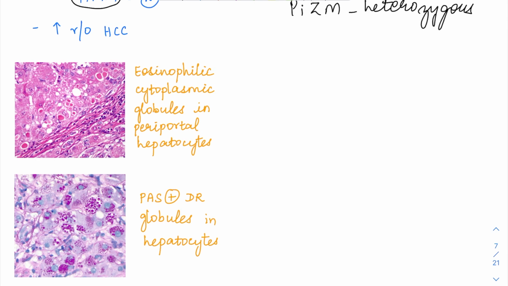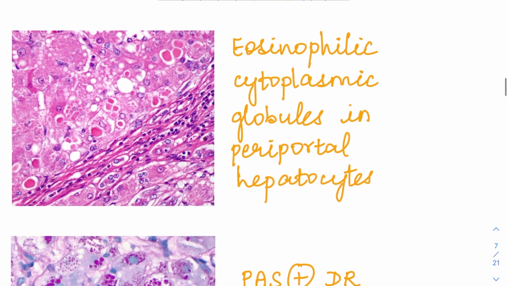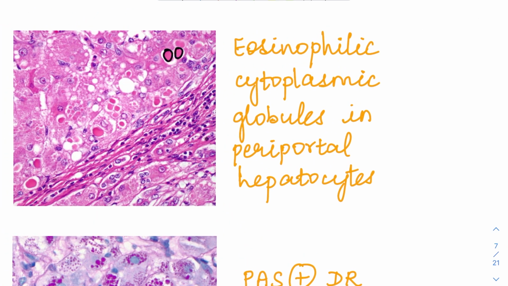On liver microscopy, if you see, it is going to have multiple eosinophilic globules composed of this alpha-1 antitrypsin. These are all the hepatocytes, and inside the hepatocytes you can see the presence of eosinophilic cytoplasmic globules, especially in the periportal area.